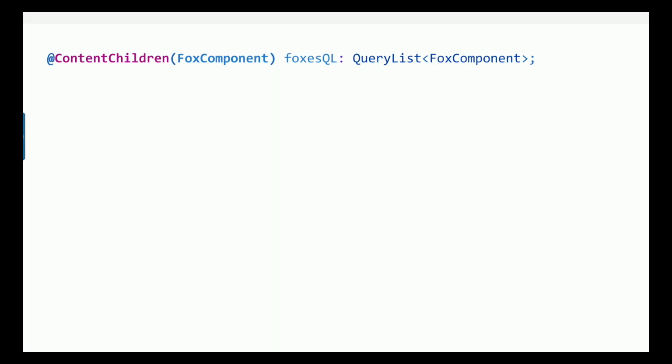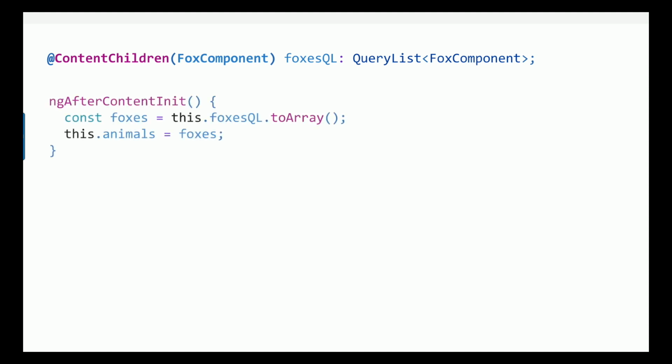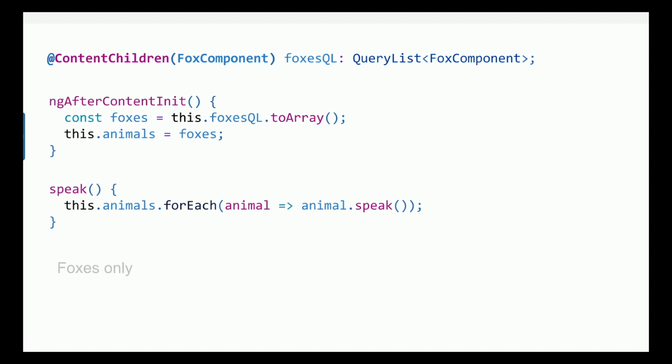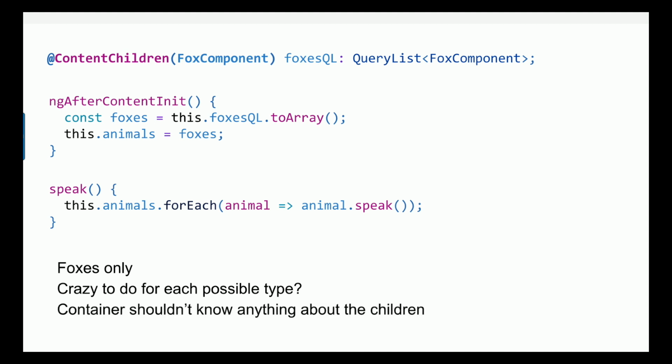Well, we know it's Fox component, so we do that, and then after one of the lifecycle hooks, ngAfterContentInit, we check, and yes, we've got foxes, and we can speak to the fox, and life is beautiful, except this only works for foxes. It's kind of like we could try and do all the types and implement that in the container, but that's nuts. And besides, the container shouldn't know anything about it, so I don't think this is the solution we're looking for.